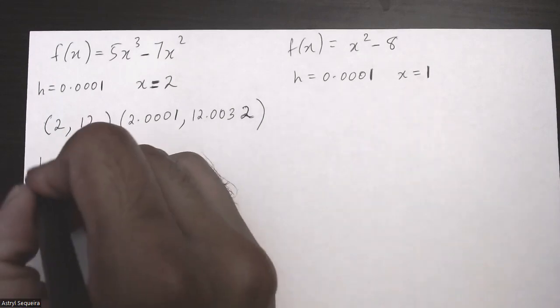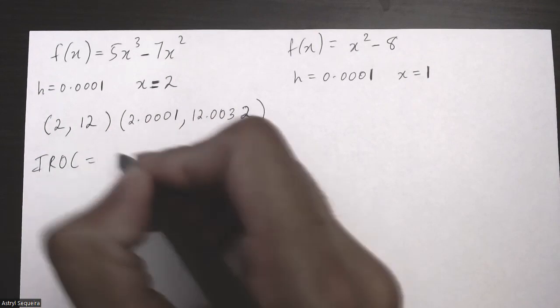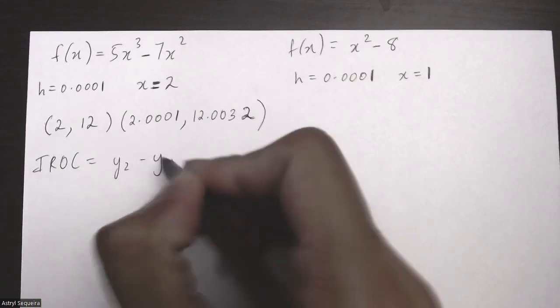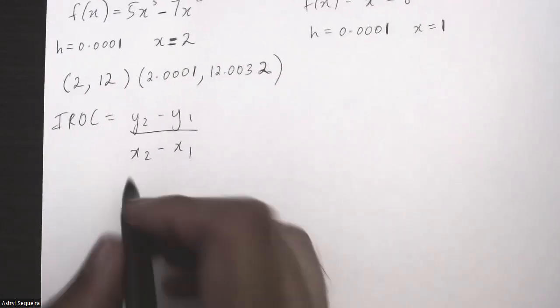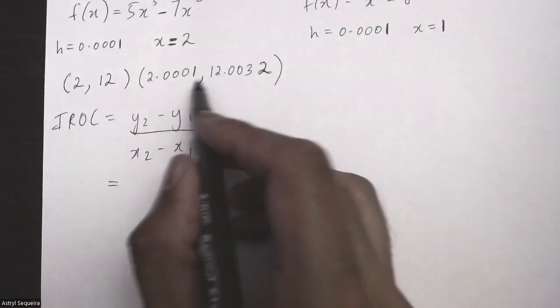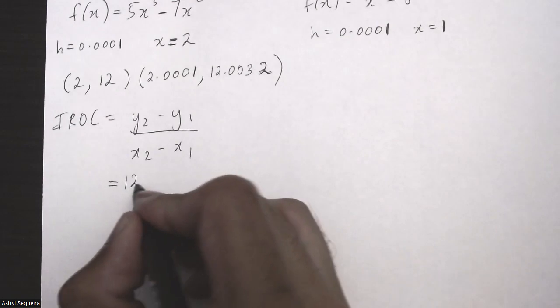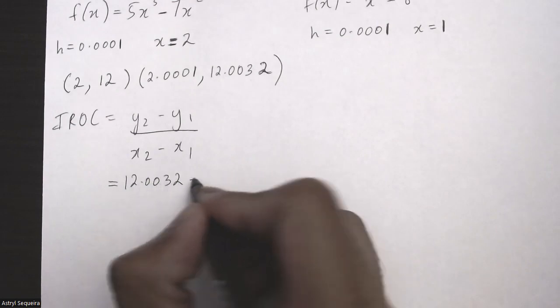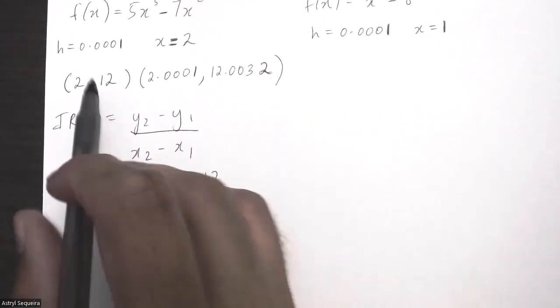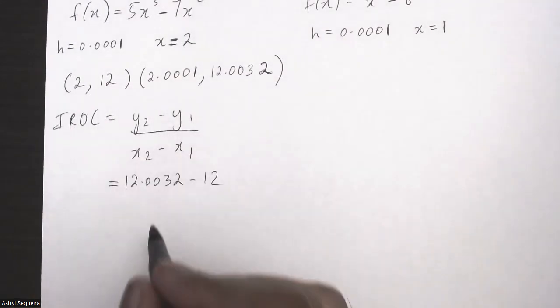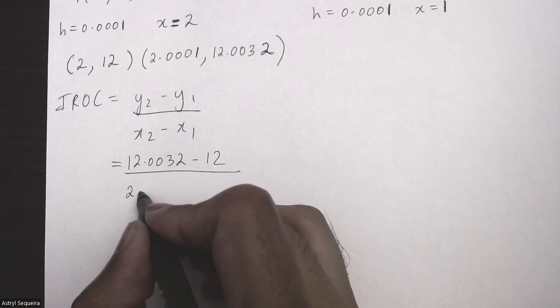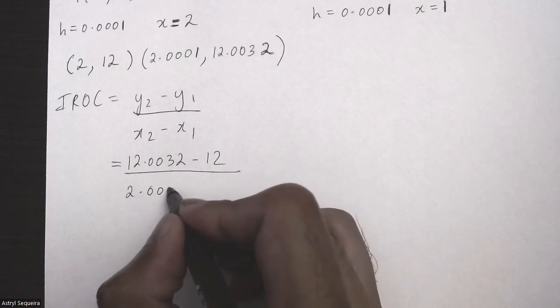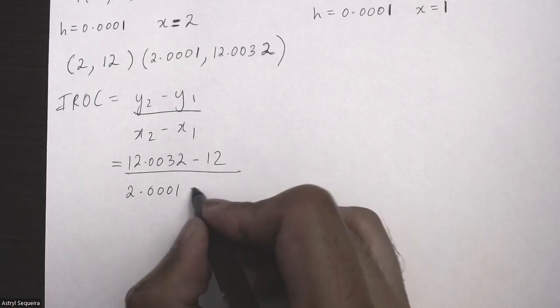So now you just want to do your IROC formula, which is basically your slope formula, y2 minus y1 over x2 minus x1. It's the same as the AROC formula. So y2, 12.0032 minus y1. By the way, these two values should always be really close when you're doing the calculation. If they're not, you've made a mistake somewhere in the question. 2.0001 minus 2.